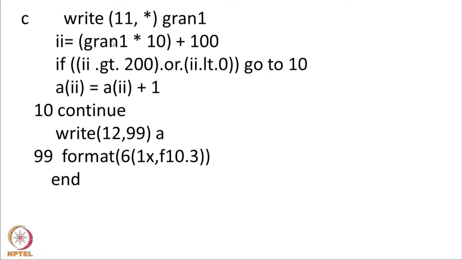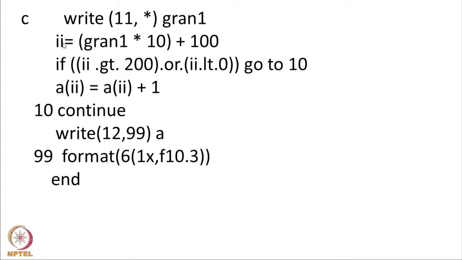If it is 0.5, that 0.5 into 10 is 50. 50 plus 100 is 150. So, if the Gaussian random number is 0.5, this II will be 150. If the Gaussian random number is 0.1, 0.1 into 10 is 1 plus 100. So, it will be 101.